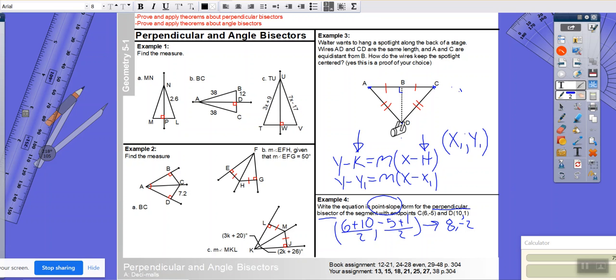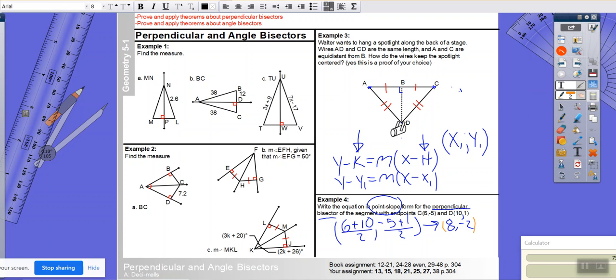And the value of y, so k is negative 2, right, Mr. Frankie? For our equation? Yes. So y minus 8 equals 2 and x plus 2.